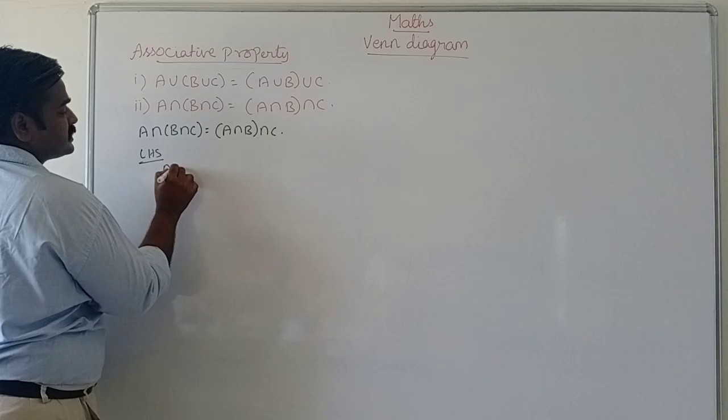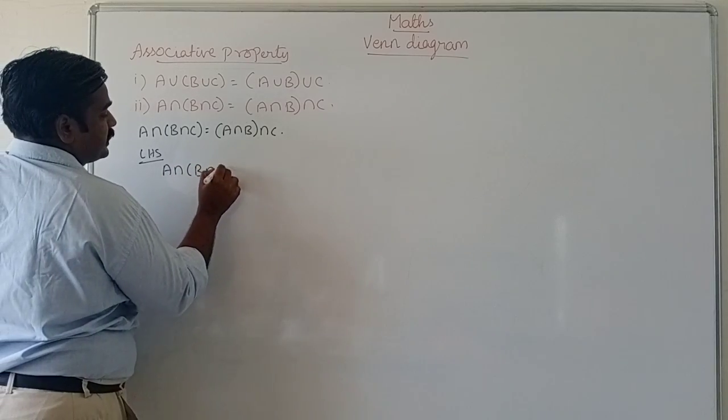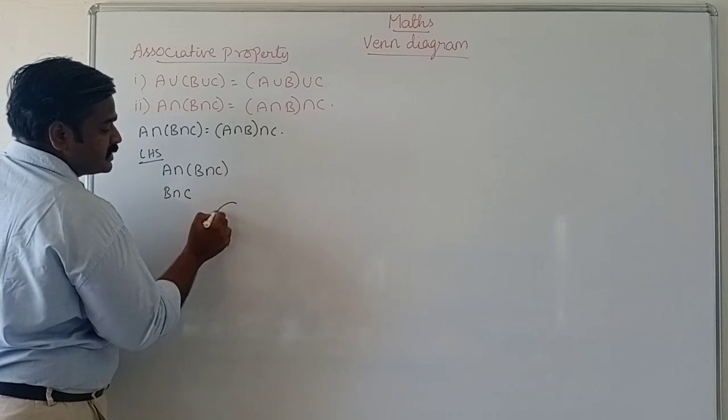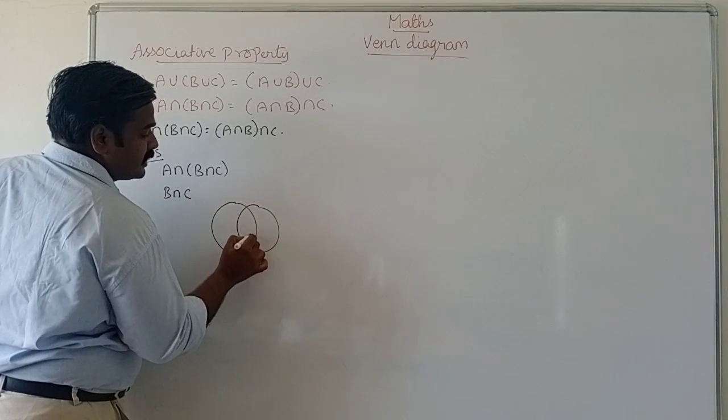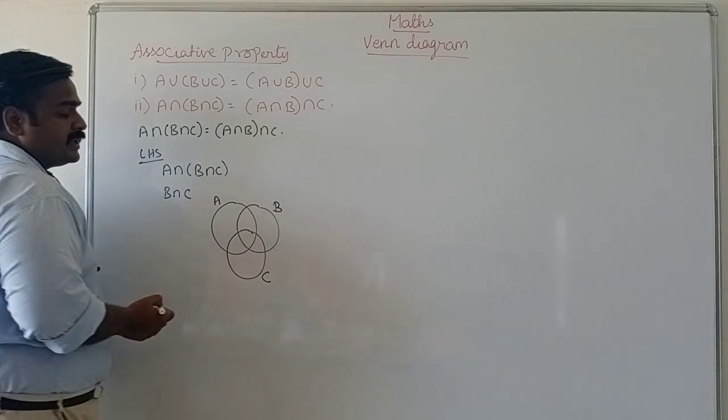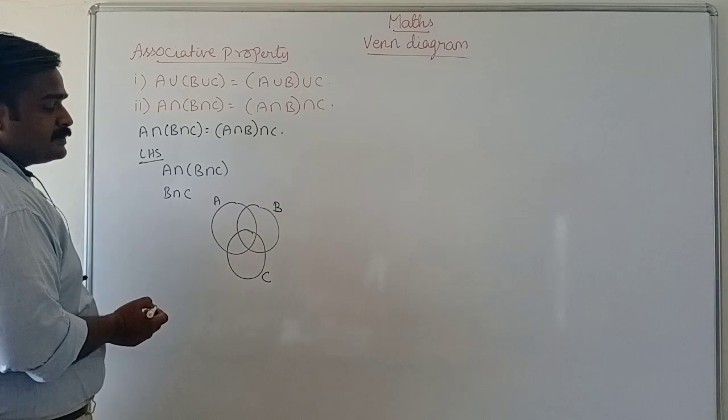What is given in the LHS? A intersection (B intersection C). So among this you need to take B intersection C first. Since you have got 3 sets, you need to draw 3 circles. One should be A, another one should be B, another one should be C. So it's given as B intersection C.